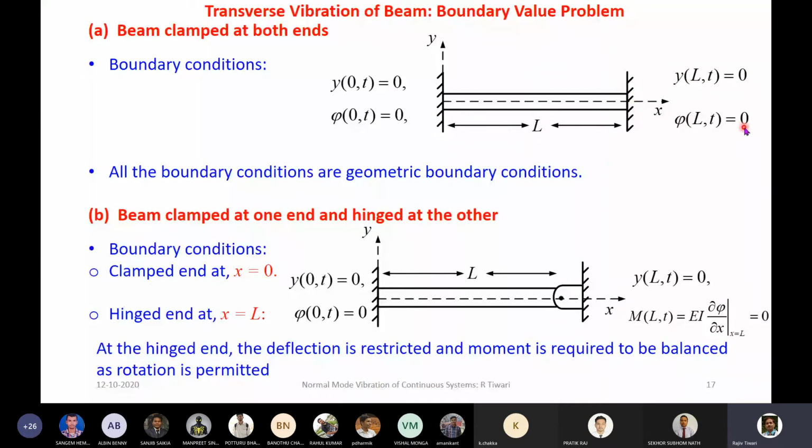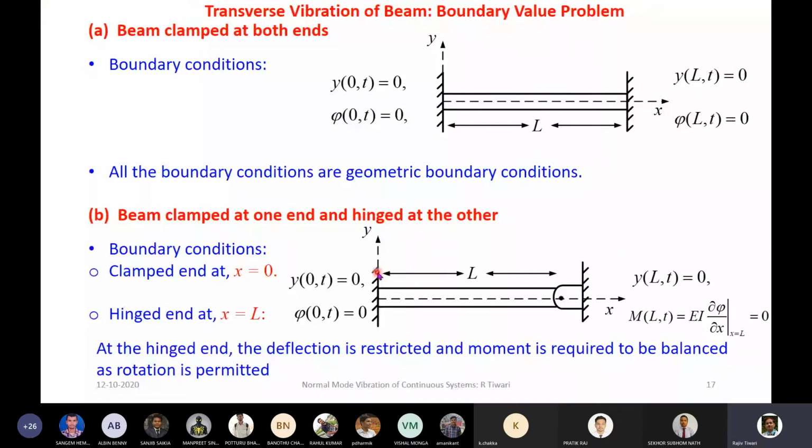So these are the 4 boundary conditions. Now you can see that the shear force and bending moments are not coming here. Once these geometrical boundary conditions have come, they make 4 boundary conditions. At the fixed end, we'll be having some shear force, which will not be 0. Bending moment also will not be 0. So we will not be imposing those boundary conditions as 0, because actually they are not 0 in this clamped beam case. So here all boundary conditions are geometrical in nature.